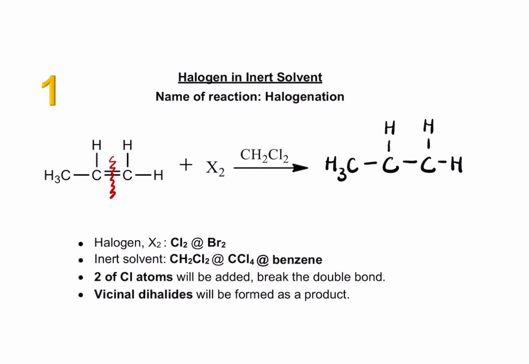And now I'm going to add two single bonds that attach to two halogen atoms. So this is going to be your major product. And this product is what we call vicinal dihalides. It means that the two halogen atoms are at positions side by side, vicinal. So that settles the first reaction.